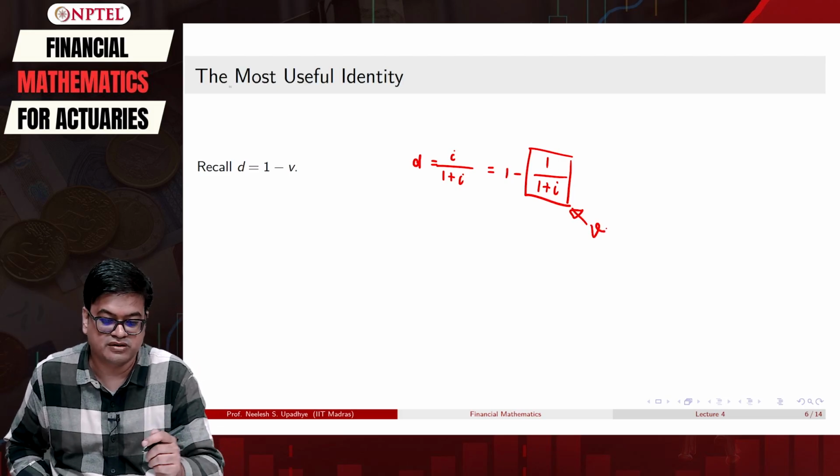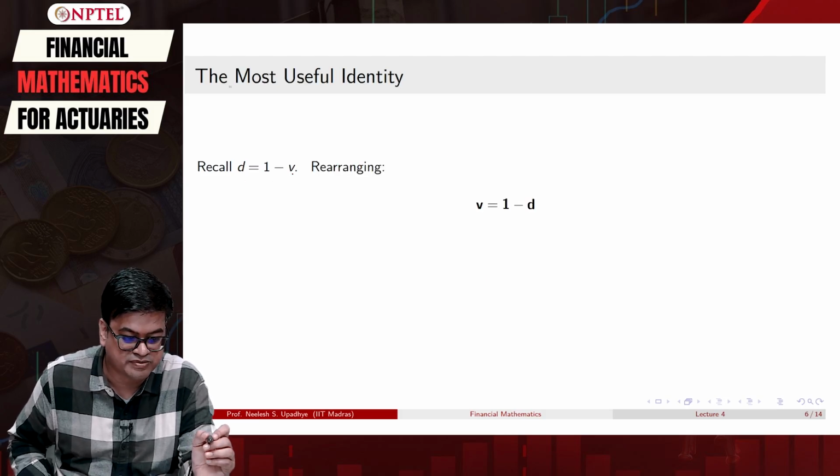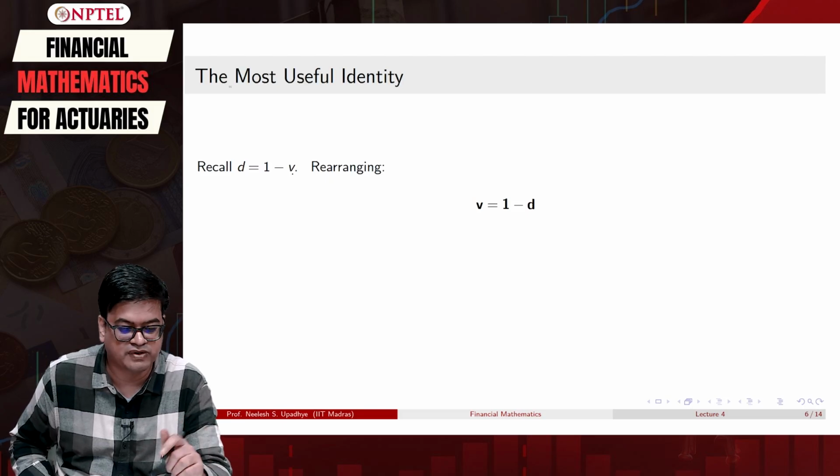So then we have established the identity that D is equal to 1 minus V. If I rearrange, I can write this V as 1 minus D.